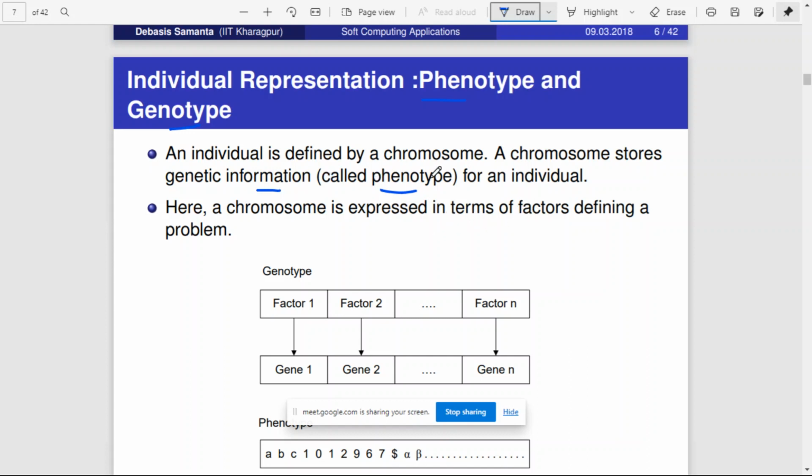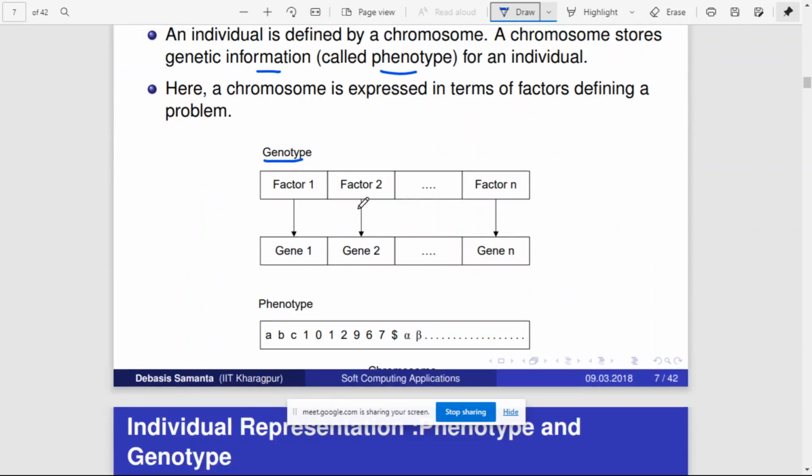So that is called genotype. And if you exactly know which genetic information the chromosome contains, then that is called phenotype.